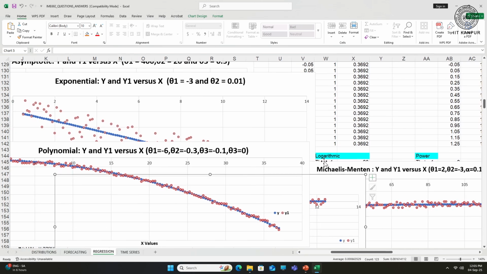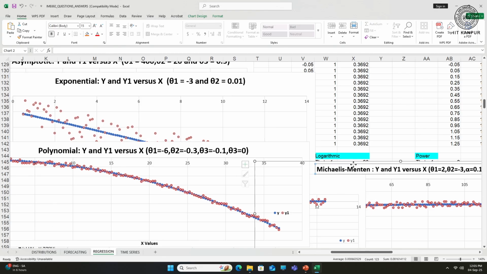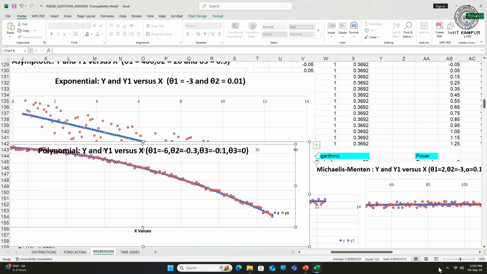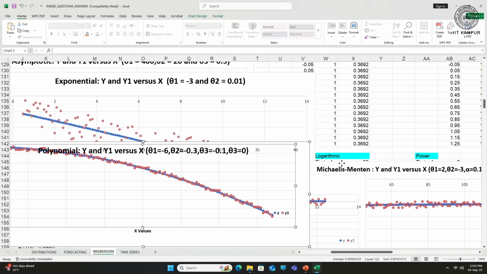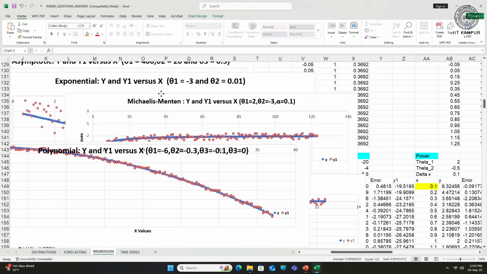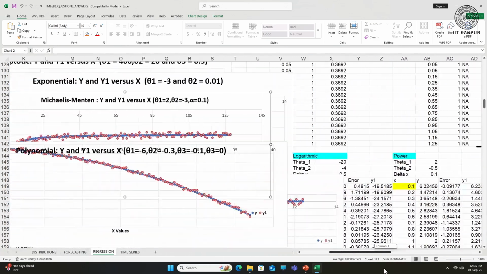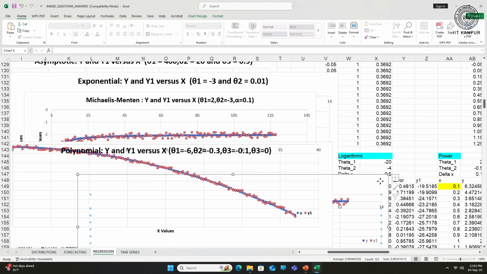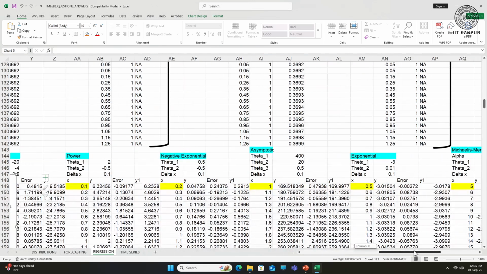Polynomial we will discuss later on. So, we will come back to that. Let me handle it. Yes, and the graph related to this one.